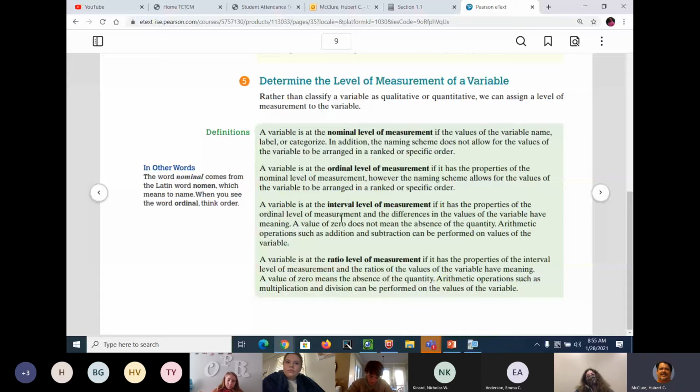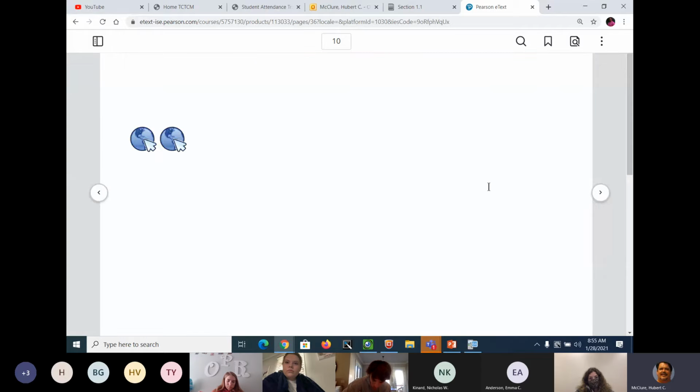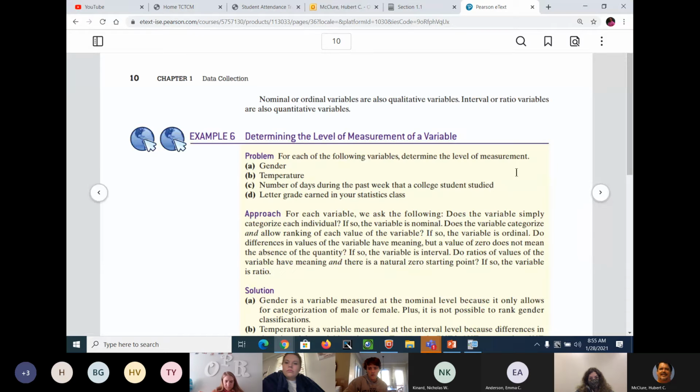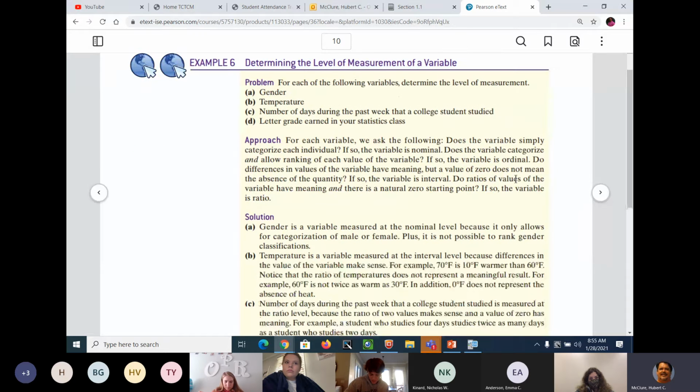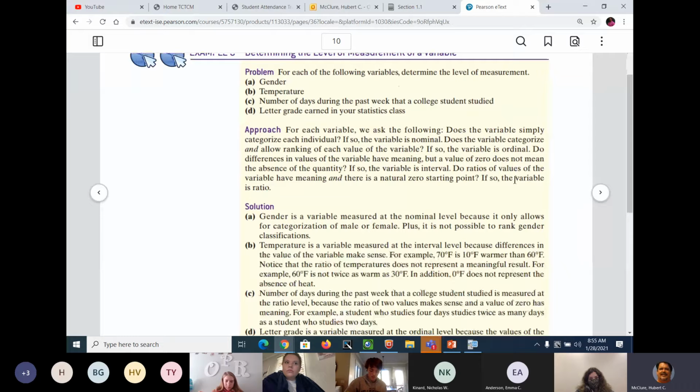Interval, a value of 0 does not mean the absence of quantity. So, what about being born? What about being born? If you're 0 days old, does that mean that you don't exist?